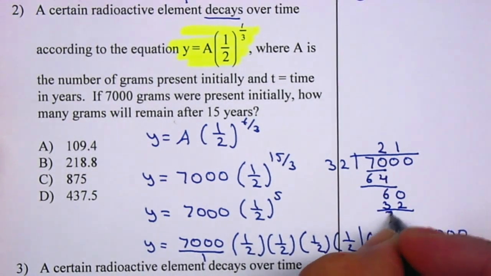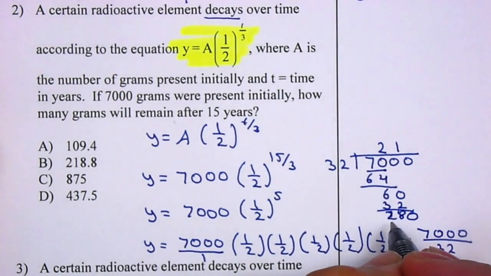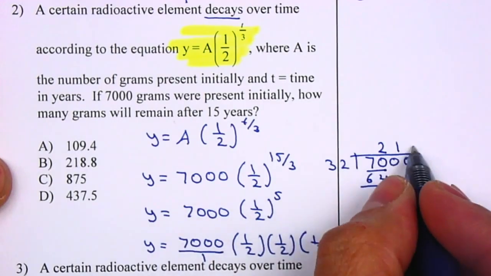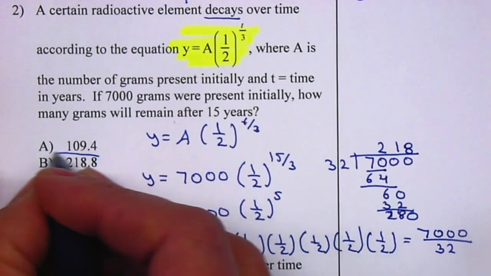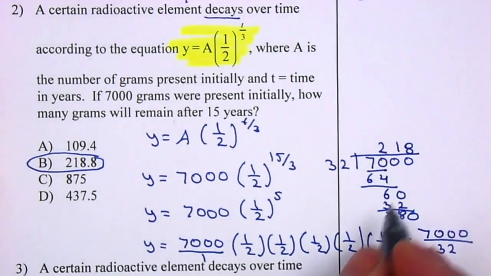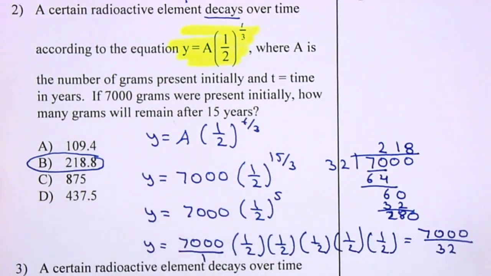Subtract will give you 28. Let's look at our answers. We have 200 and so it'll be 8 times. Our answer will be letter B, 218.8. We can continue just to get the exact answer, but you should be able to get your answer from there.